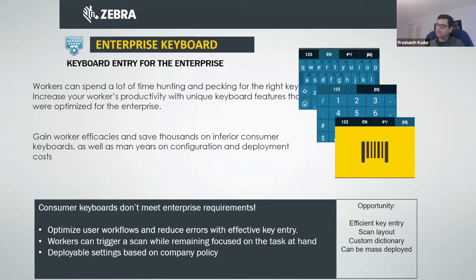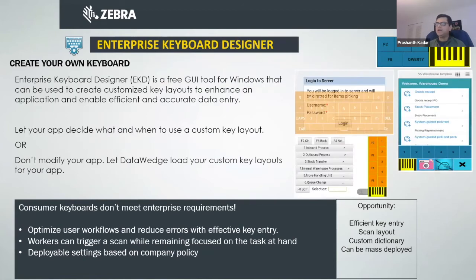For example, you can say, I only want numeric keypad. I don't want alpha, or I don't want special characters, and I don't want emojis. Those kinds of configuration you can do. On top of that, we provide this Enterprise Keyboard Designer. That's a PC tool. You get to design your own keyboard, and you can use it when you want it and how you want it in your applications.